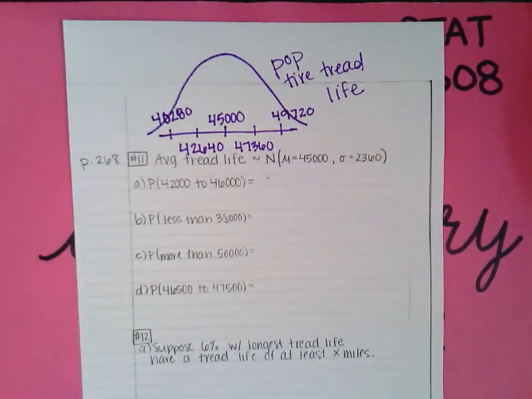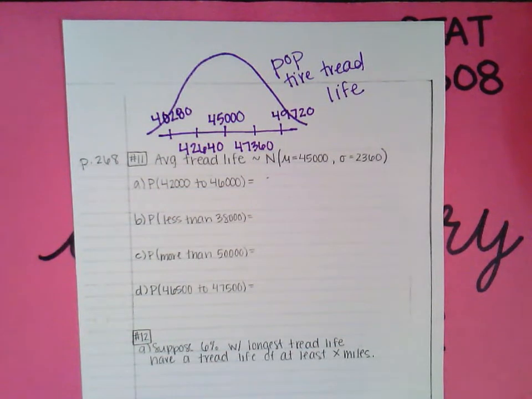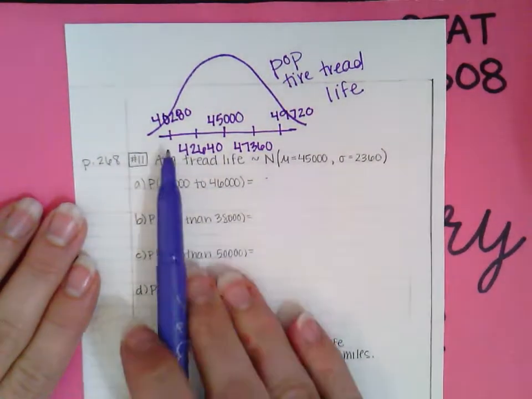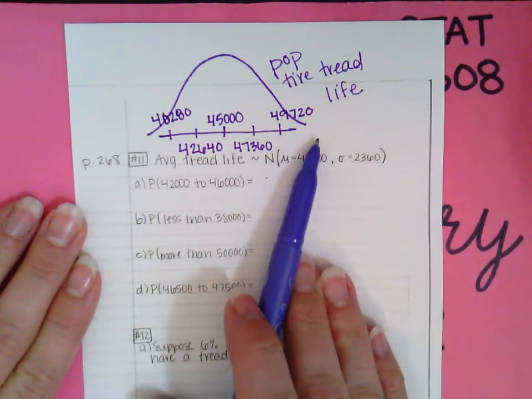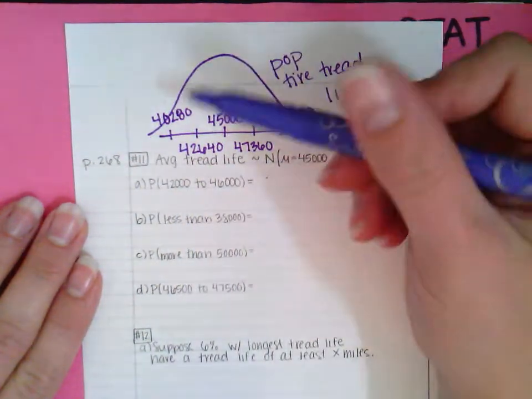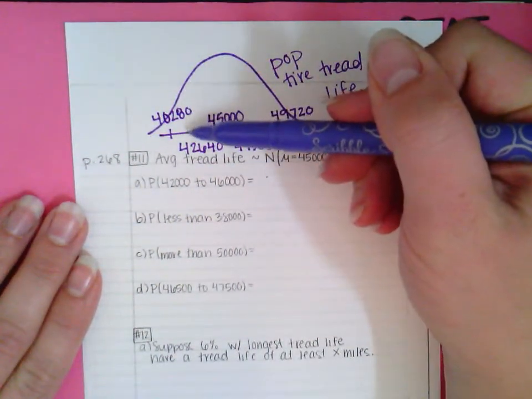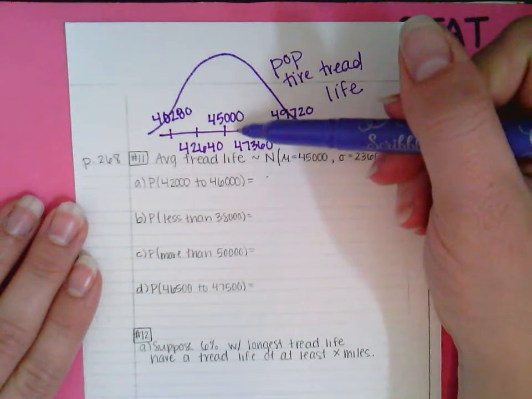All right, on part A, it's asking us to find what proportion, or what's the probability, that you have a tire that has between 42,000 and 46,000 miles on the tire. And so I want to think about this number line here. 42,000 is going to be down here somewhere, and 46,000 is going to be about here.